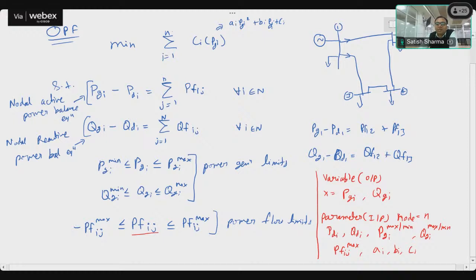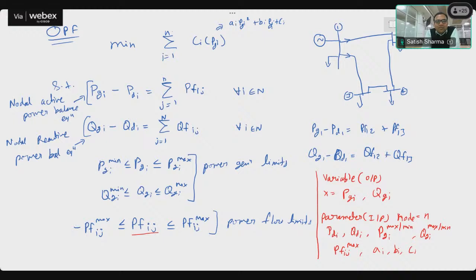So where should I put it, in variable or in parameters? Any answer? So there is one response that it should be variable as per the problem formulation requirement.